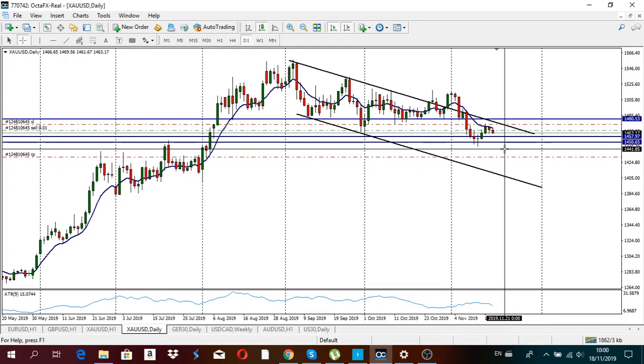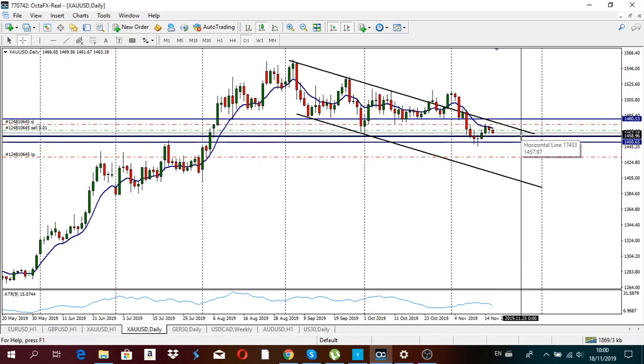So we'll see what will happen. This is my trading idea. As you can see, I trade what I show you guys. So let's see what will happen.